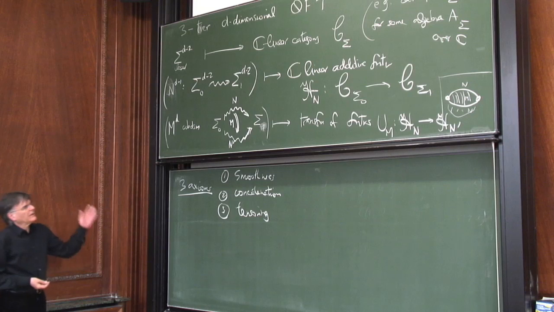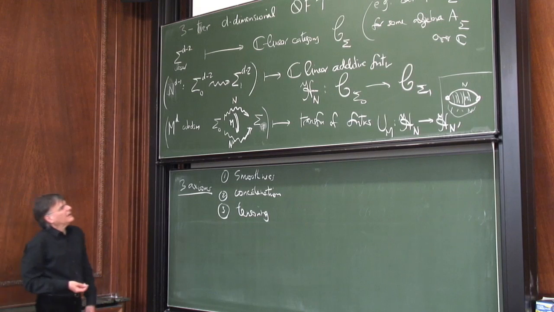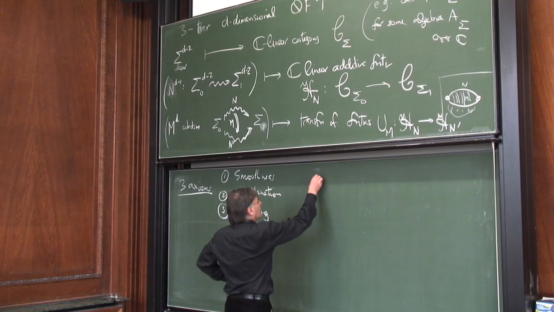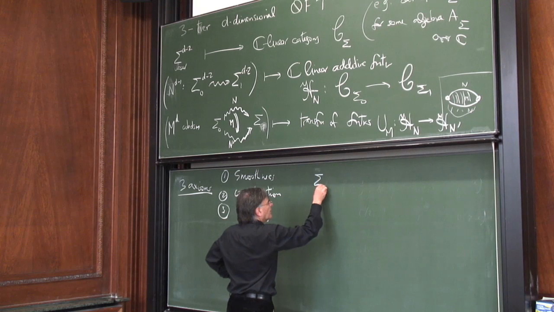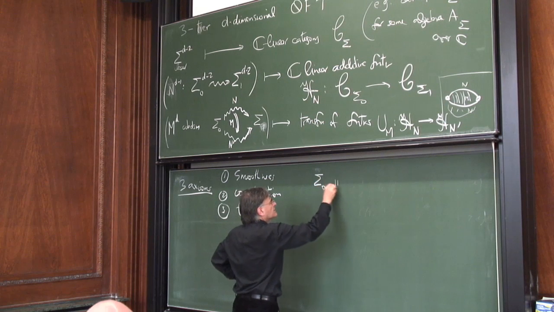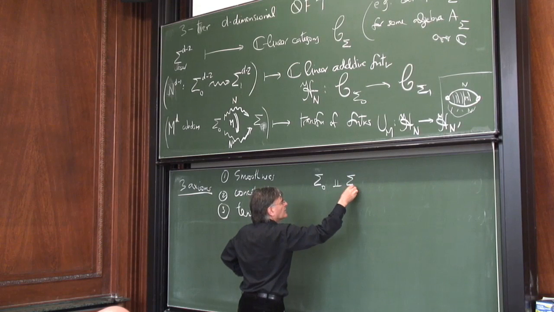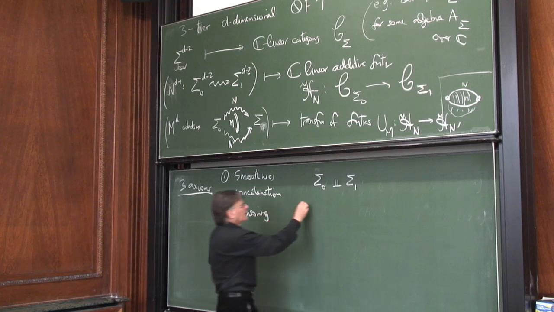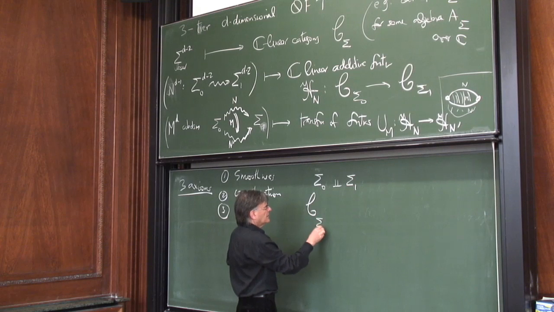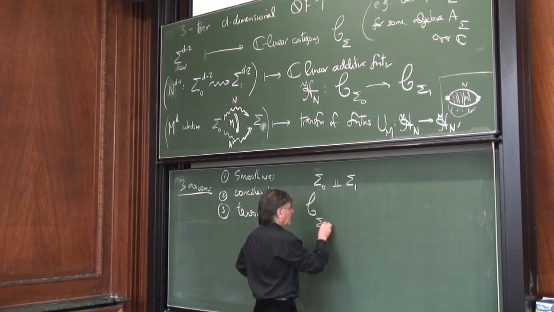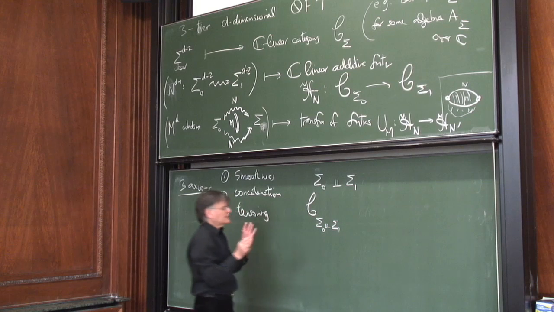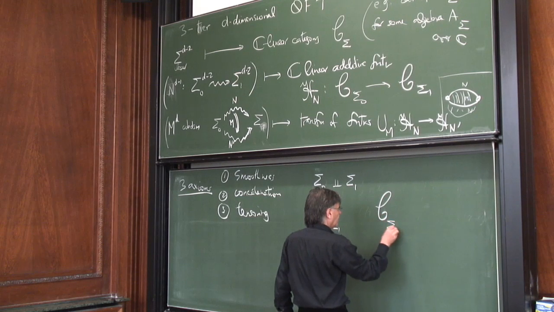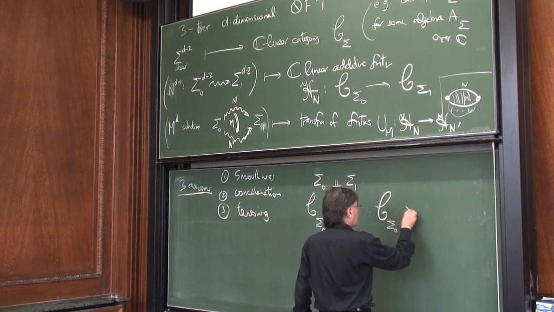Now, tensoring means the same as in all the other cases, except that, in order to make sense of it, we've got to know that if we have two disjoint d minus 2 manifolds like this, then we want to say that the category associated to this is meant to be, in some sense, the tensor product of two additive categories, two linear categories.